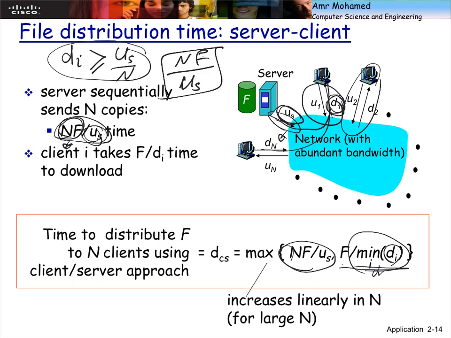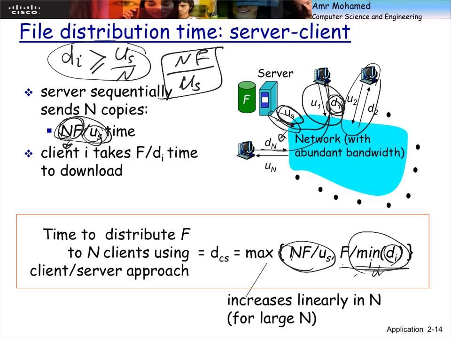Okay? So basically, the total distribution time is the maximum of both. If all the DIs are more than US over N, then in that case, the distribution time is NF divided by US. Okay?